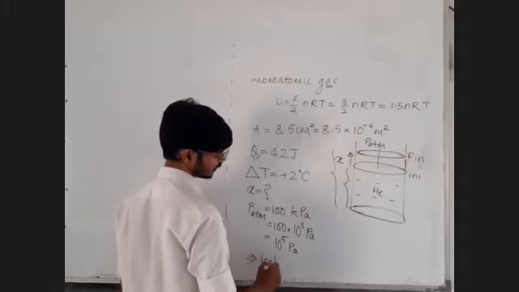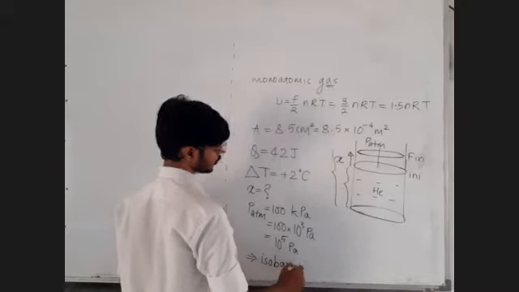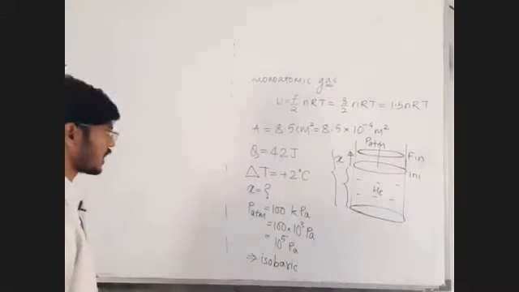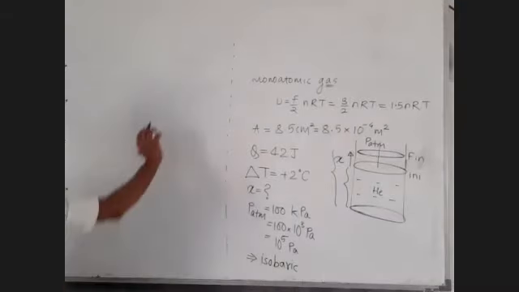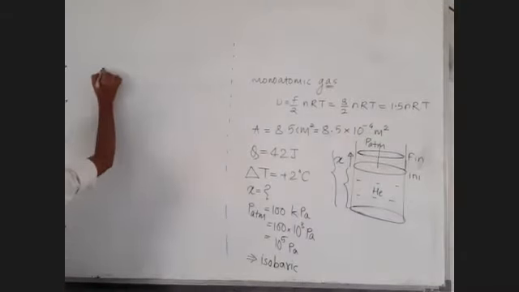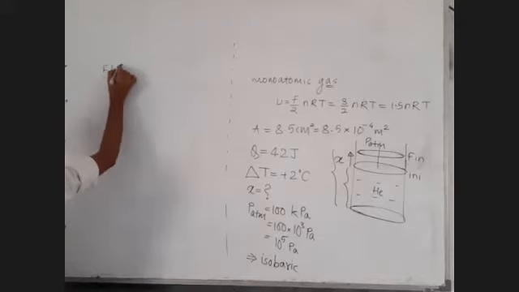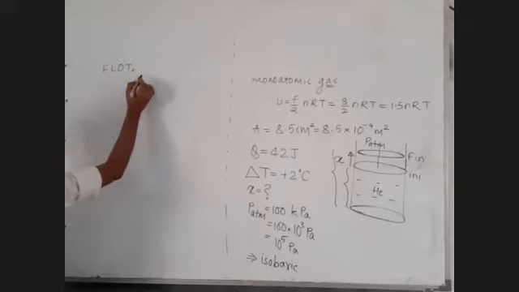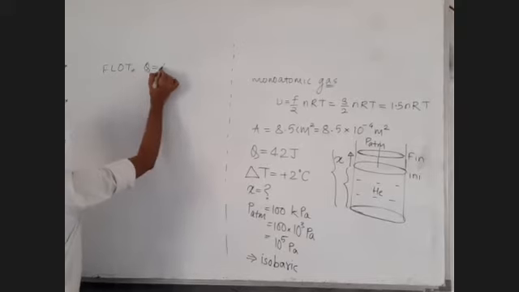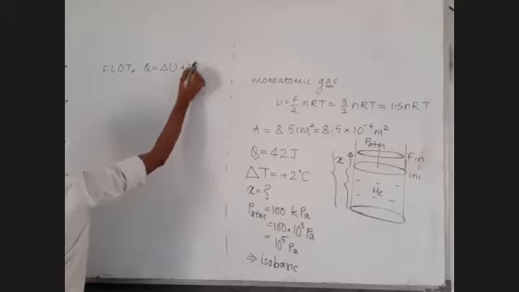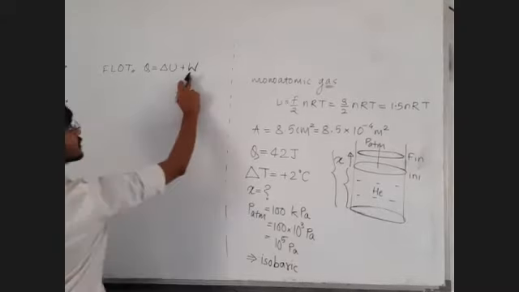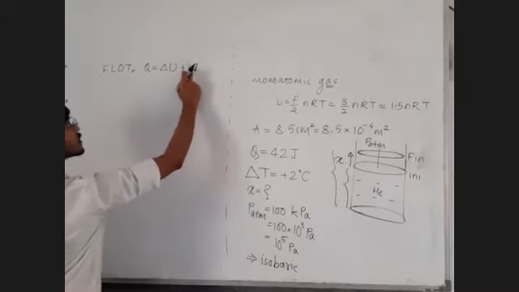We identify that the process is isobaric, and now we start the calculation using the first law of thermodynamics. We know from the first law that Q is equal to delta U plus W. Some people may write this Q as delta Q and this W as delta W, it's their choice.